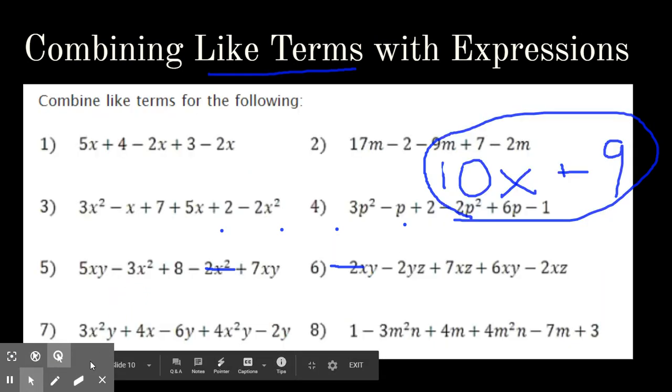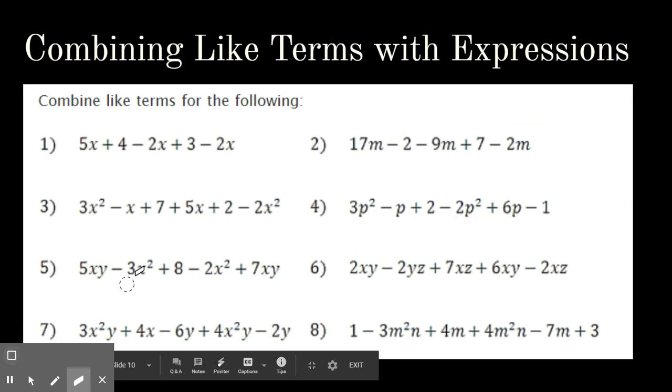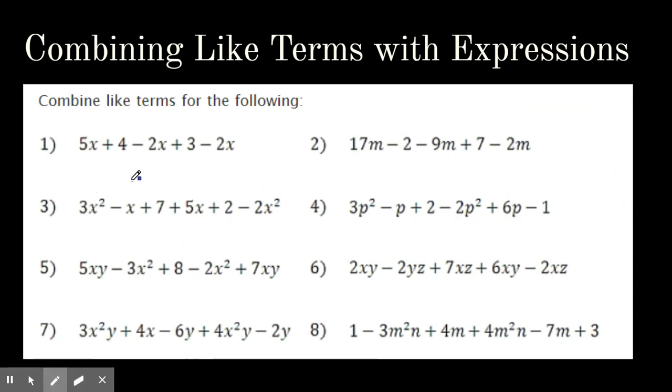Okay, moving on. Clear that out. Now, I'm going to move through these kind of quick, so hopefully you can practice them on your own. The first one here, we have a 5x, a -2x. This negative is tricky. You've got to keep an eye on that negative. And another -2x.